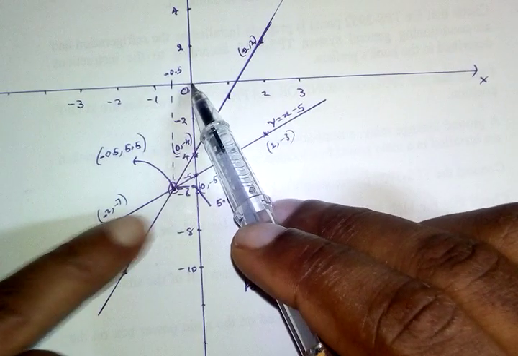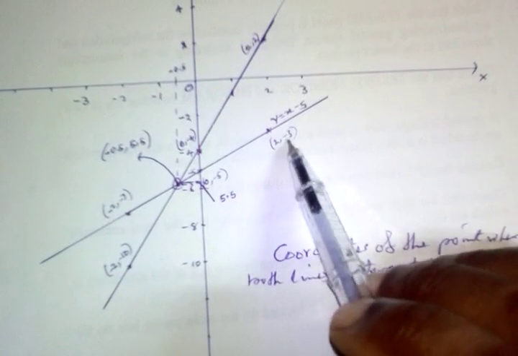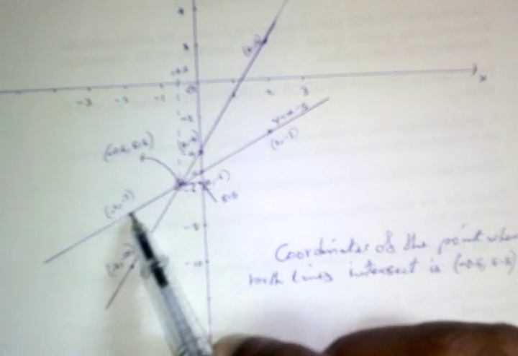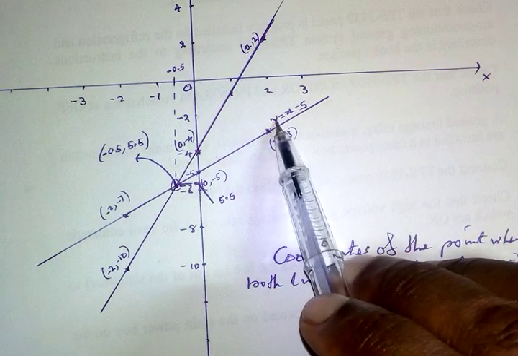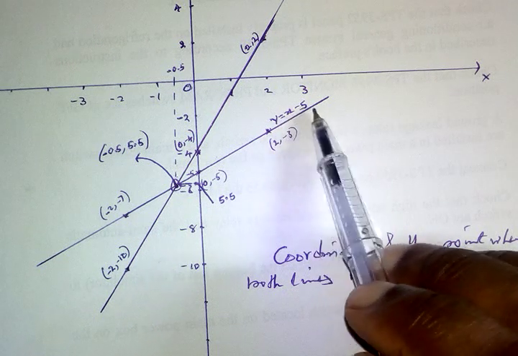And the second point is 0, comma minus 5. When x is 0 and y is minus 5, that gives me this point. And again, when x is 2 and y is minus 3, that gives me this point, that is 2, comma minus 3. So I join the 3 points to form the second line of y equal to x minus 5.